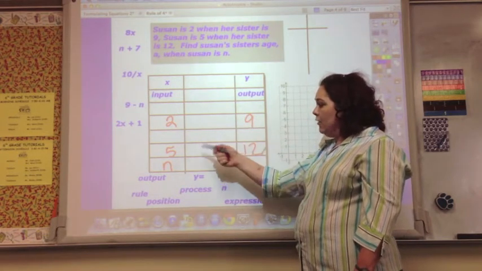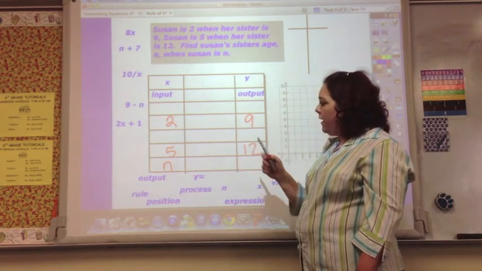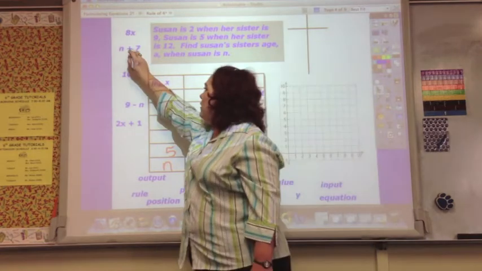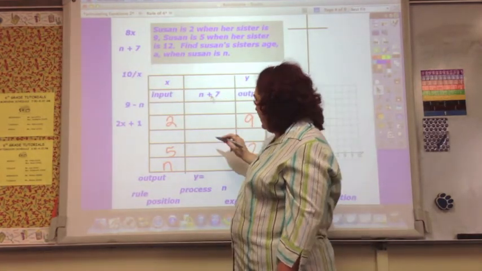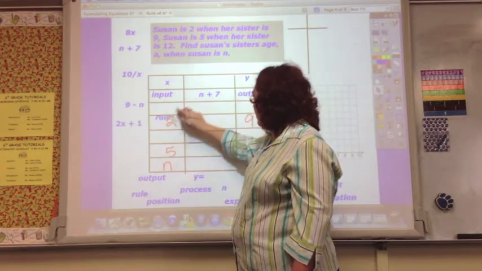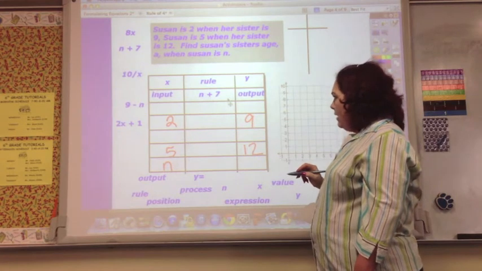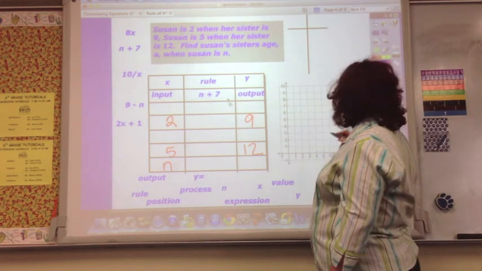You're not dividing, you're going up. So you're going up by addition. So how much are you going up by? Well, you're going up by 7. So n plus 7, and so my rule is n plus 7, and then I can fill this in.